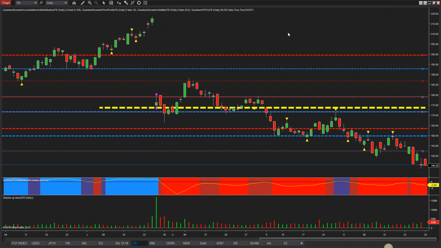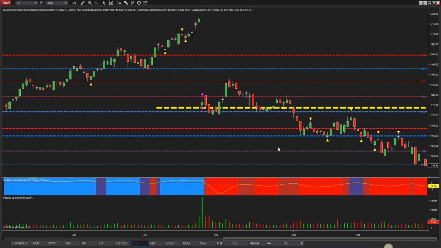But this is the daily price for Facebook, who I think report either later today or tomorrow. And this was the huge drop when Facebook dropped from 200 and something down to 175 in a session. It was one of the biggest moves ever, I believe.